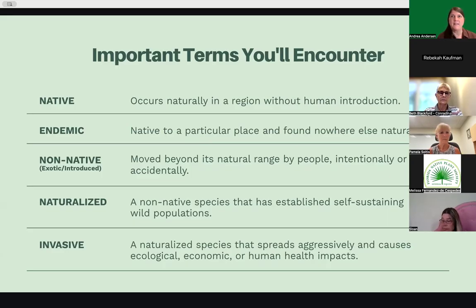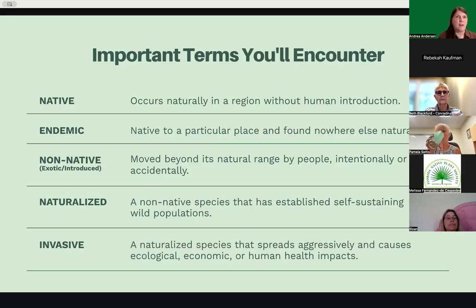We will have a speaker towards the end of the course who speaks specifically about invasives, so we'll go more into this later. But these species spread rapidly and cause ecological, economic, and human health impacts. One important point to remember is that not all non-native plants become invasive.